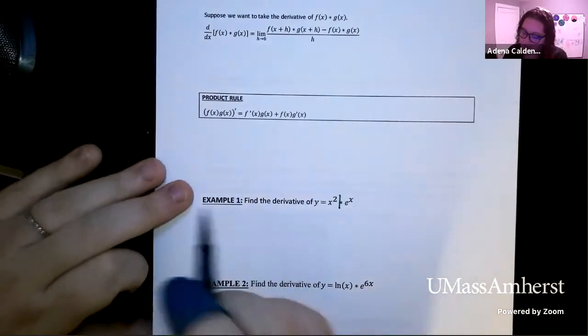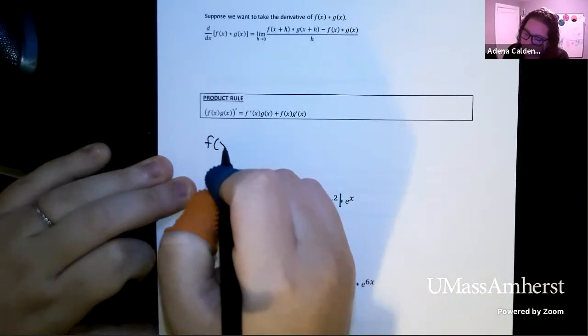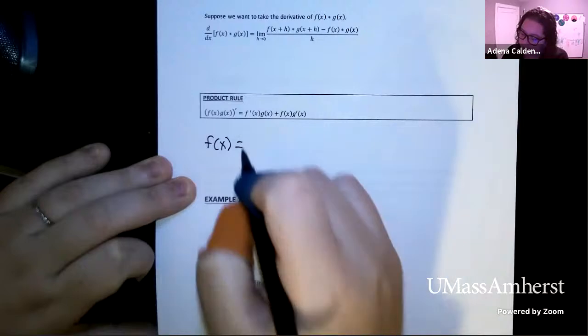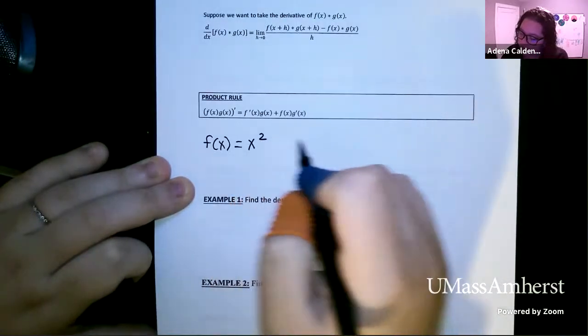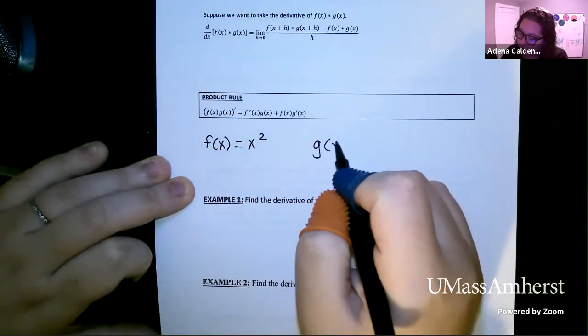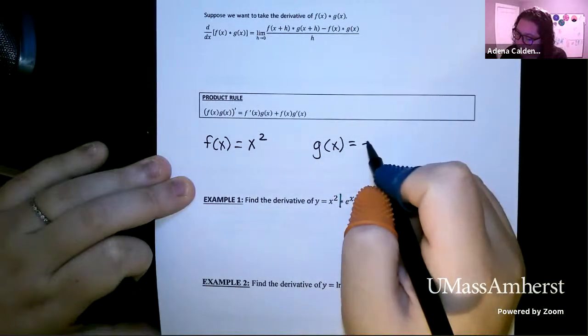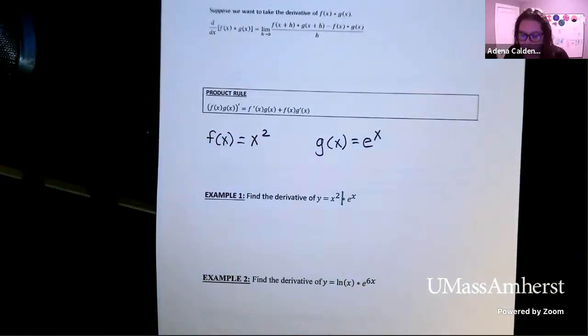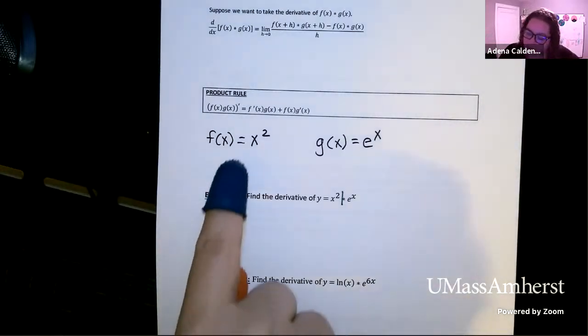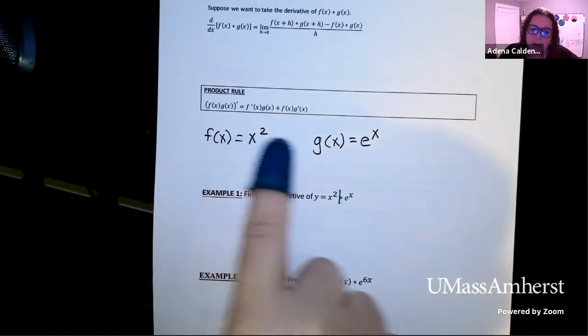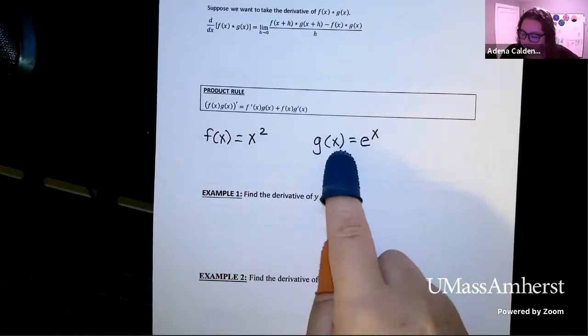So in this case, my f of x, I'm going to pick x squared, and my g of x, I'm going to pick to be e to the x. One of the things you're going to notice that I tend to do, and I think this is a really good habit to get into, is I write my f function, and then to the right of it, I write my g function.